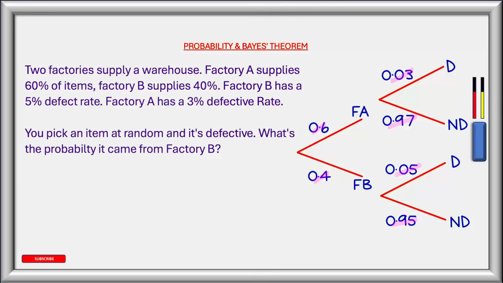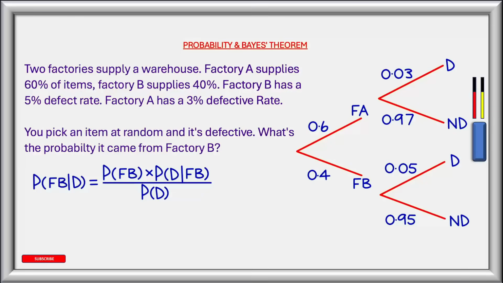So we want to find the probability an item came from Factory B, given that it's defective. So let's use Bayes' theorem. So the probability it's from Factory B, given that it's defective, is the probability it's from Factory B multiplied by the probability it's defective, given that it's from Factory B, divided by the probability it's defective.